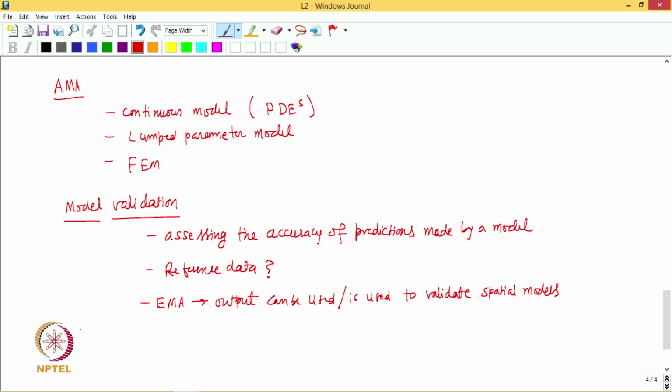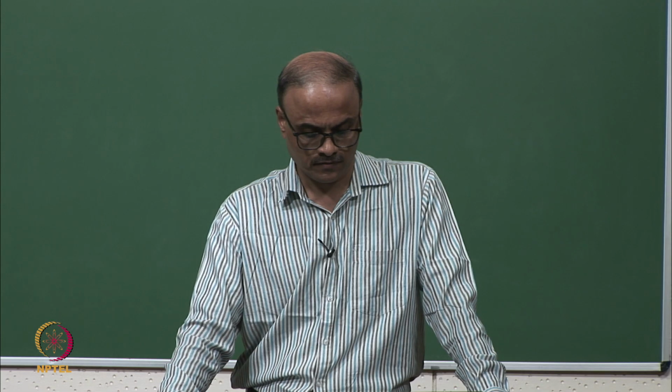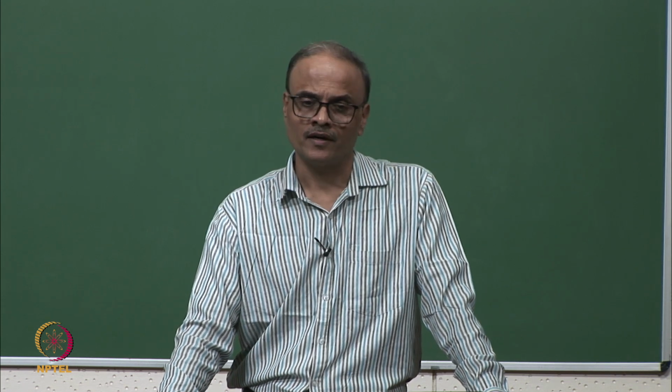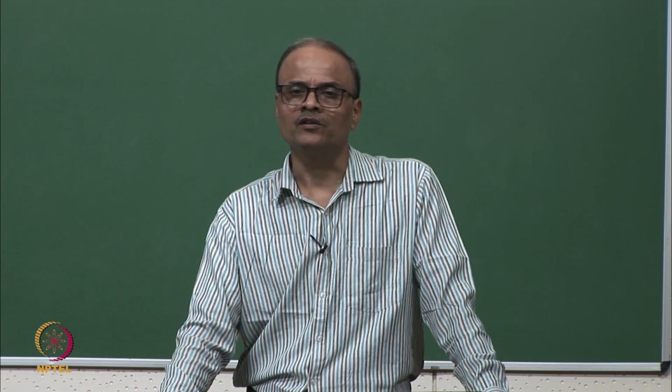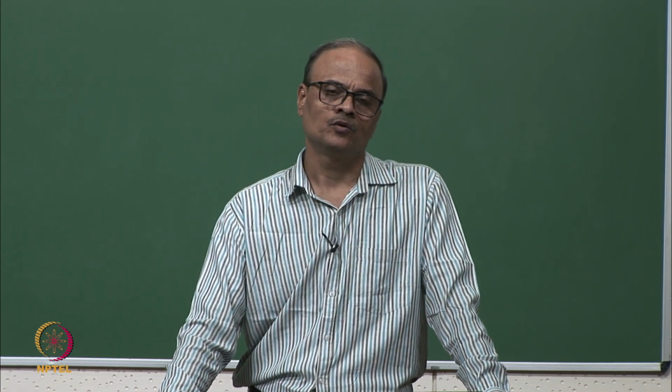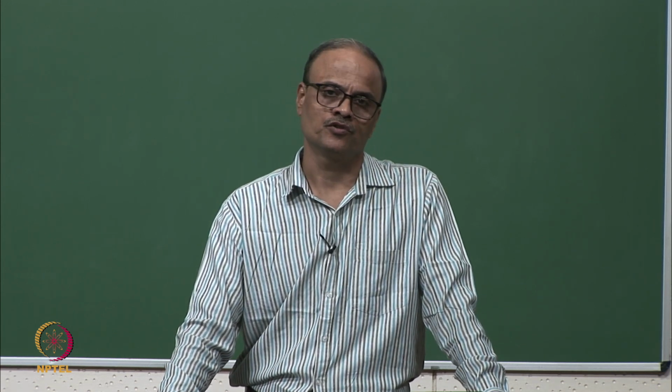The data of experimental analysis can also be used for finite element model updating, or updating of a lump parameter model. Many times some of the parameters of these models may be uncertain, and then the output of the experimental analysis, the model characteristics or FRFs, can be used for identifying those uncertain parameters of the model through an inverse estimation procedure.